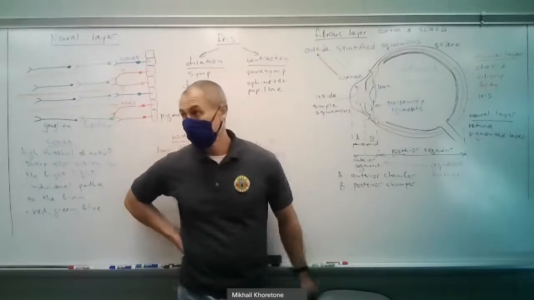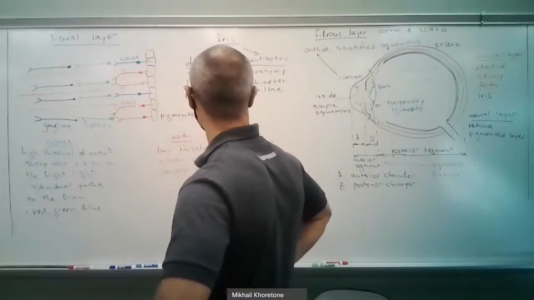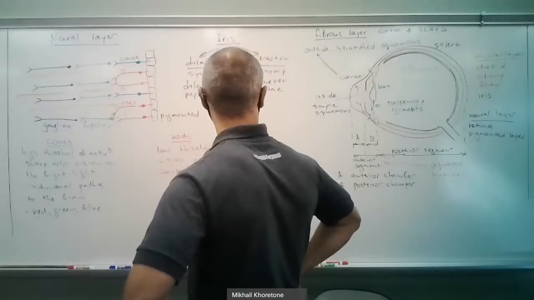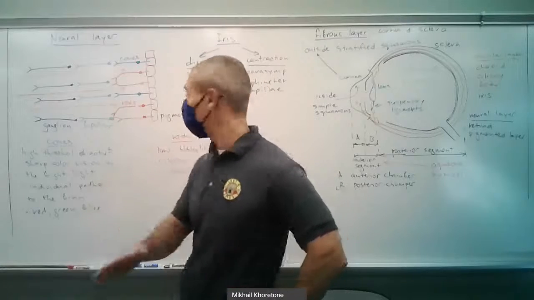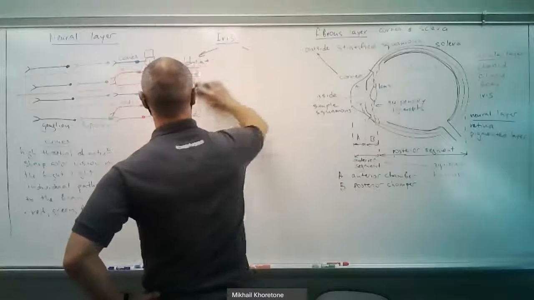All right. So basically, the rods and cones, just trying to figure out what else we need to mention. Yeah, we're going to talk about some pathologies. Let me just throw in a last little bit about cones and rods.